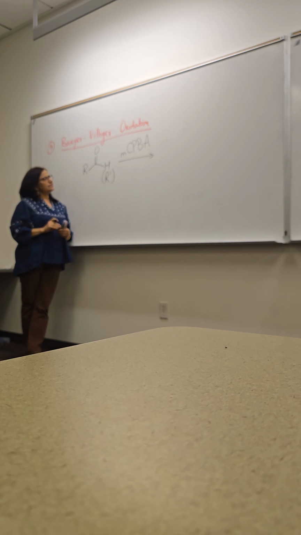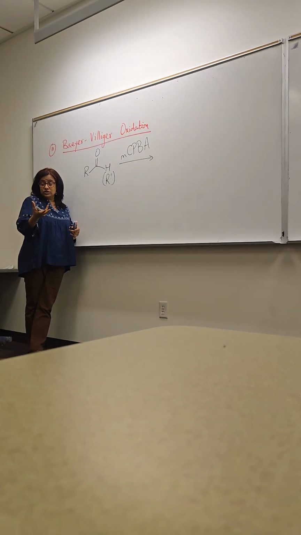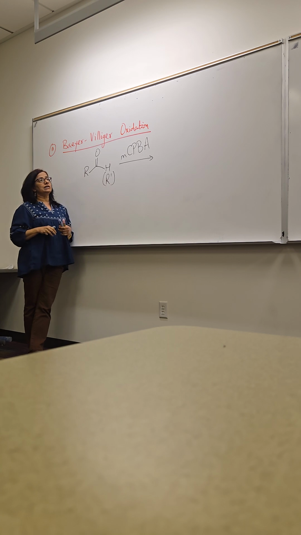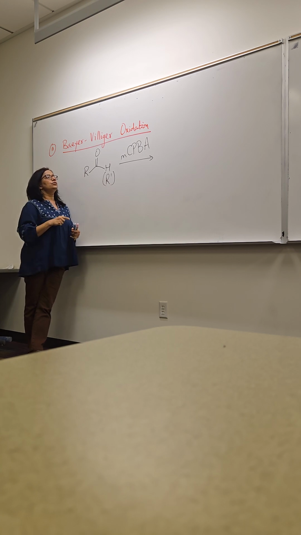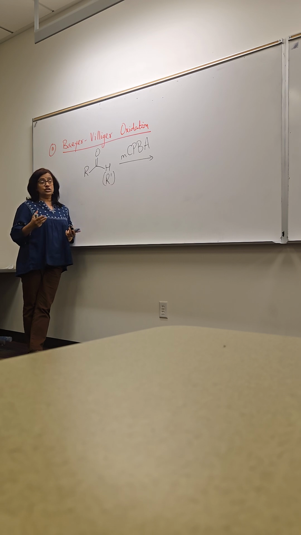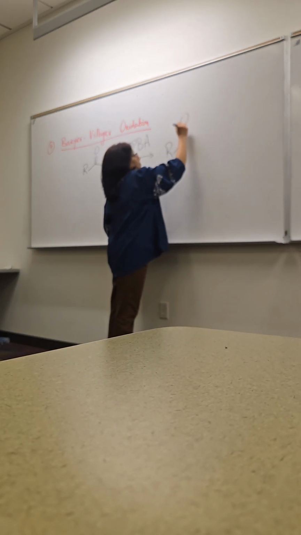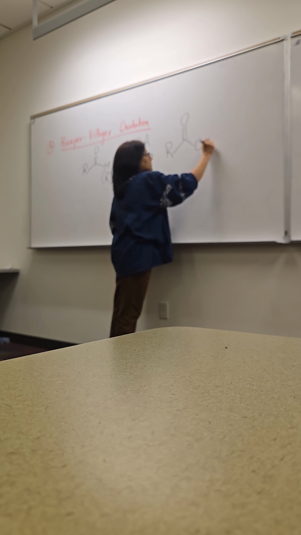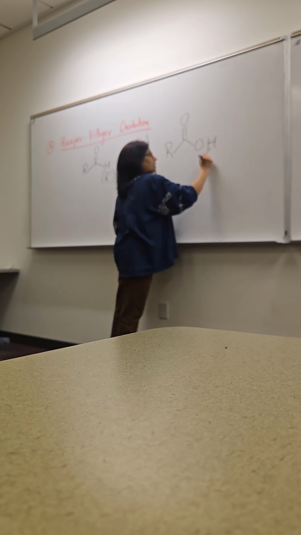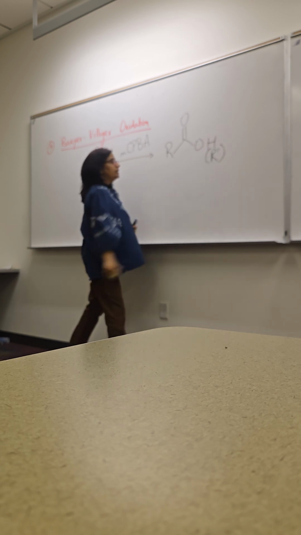In what context have we seen it before? Epoxides. Exactly. It's giving us an oxygen atom to make epoxides from alkenes. Here also it's going to give us an oxygen atom to convert an aldehyde or a ketone into either a carboxylic acid or an ester.